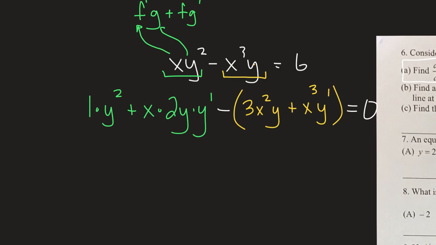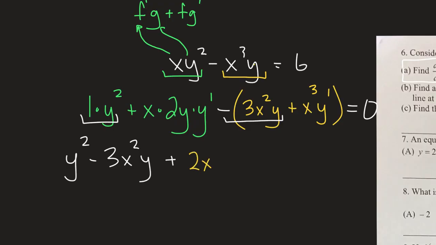Okay, so our job is to get all of the y prime stuff together on one side and get the non-y prime stuff on the other side. So I have a y squared, that doesn't have a y prime in it, minus 3x squared y. So both of these terms don't have y prime, so I get them together. Plus, here are some y prime terms.